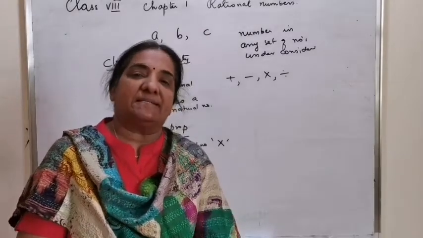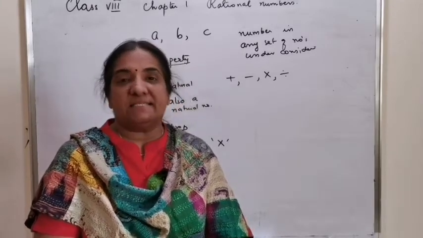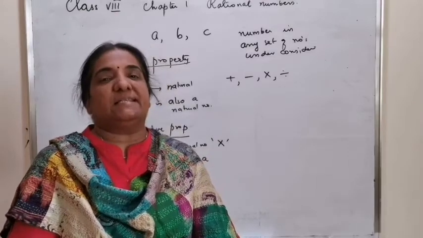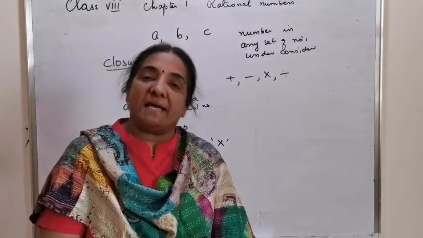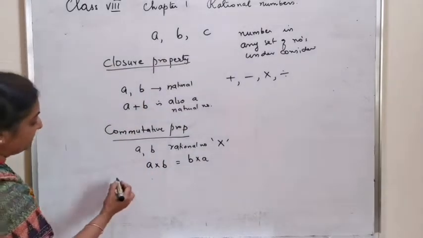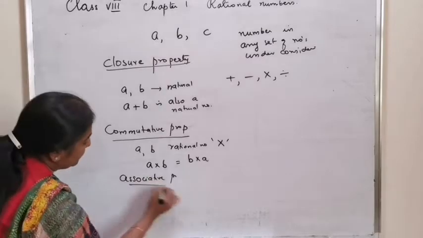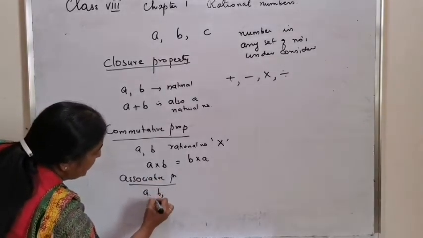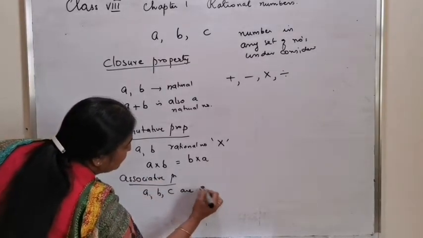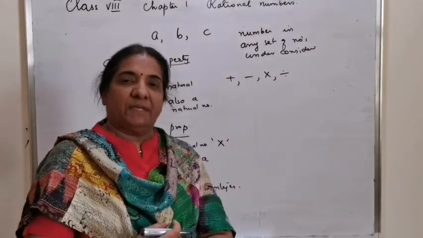In any pattern for any set of numbers, if the answer remains the same, you can say that the set of numbers follows associative property. That is, if A, B, C are three integers, let's take the example of integers.